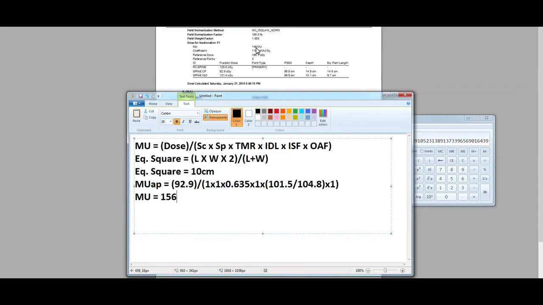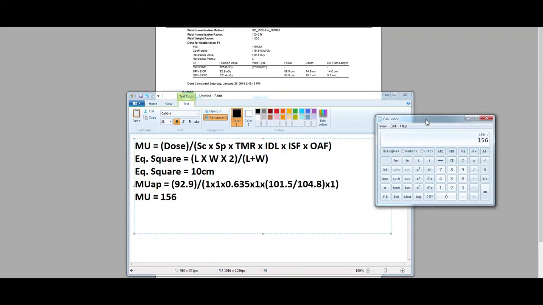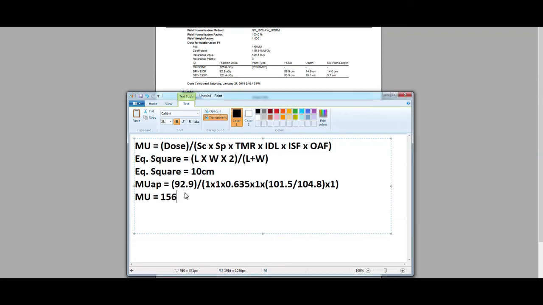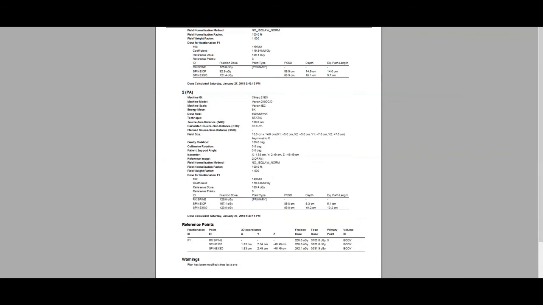Now I'm delivering 149 from my treatment planning system. So if I take 156 divided by 149, I get a 4.5% error. So I think based on the assumptions that we've made here, that would be acceptable. If I look at the posterior, my PA field, my spine calc point is delivering 157.1.